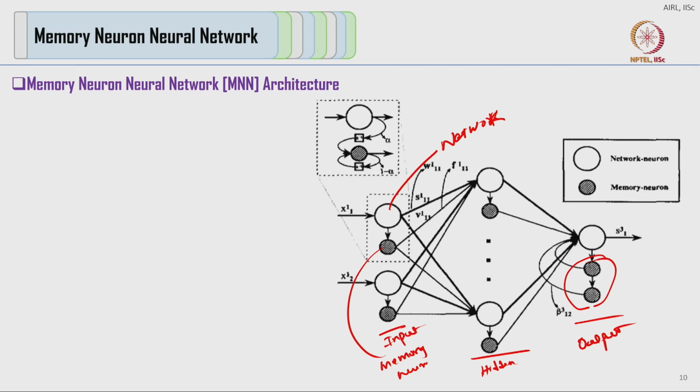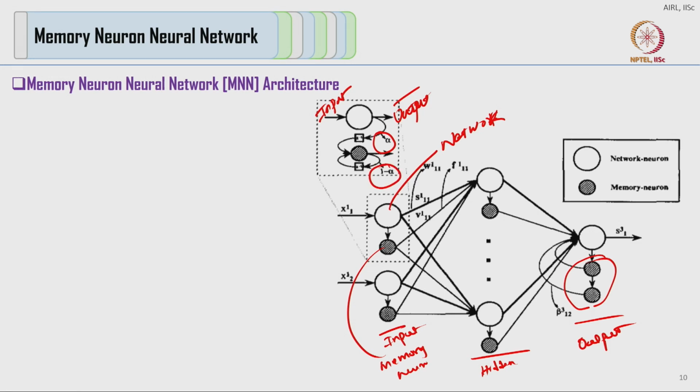If I want to explain how exactly the memory neuron works, whatever input goes to the network neuron, you get an output from the neuron. The output is scaled by the weight alpha, delayed by one time step, and fed as an input, and the memory neuron feeds its output delayed by one time step, but multiplied by 1 minus alpha.